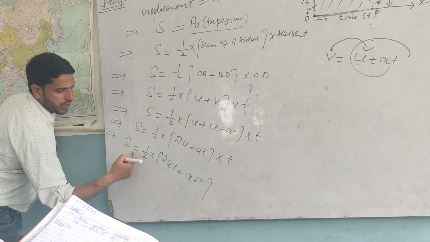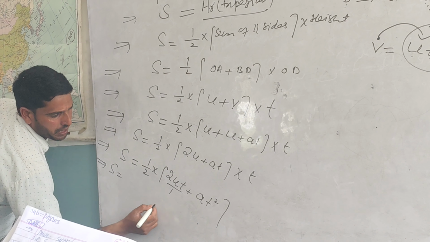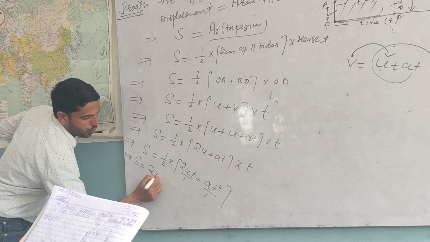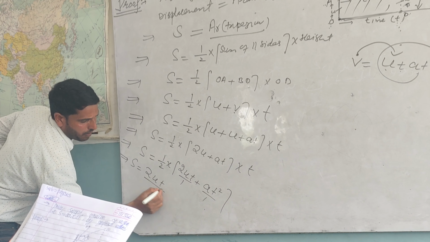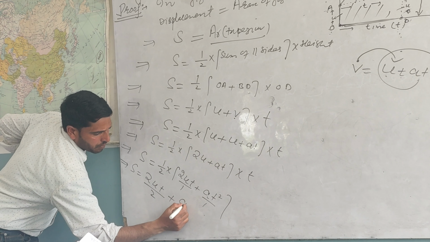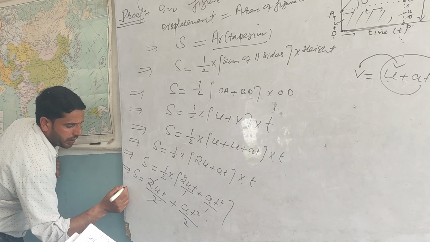Now this 2 is divided into the whole term: 2ut divided by 2, plus at² divided by 2. The 2 and 2 cancel.